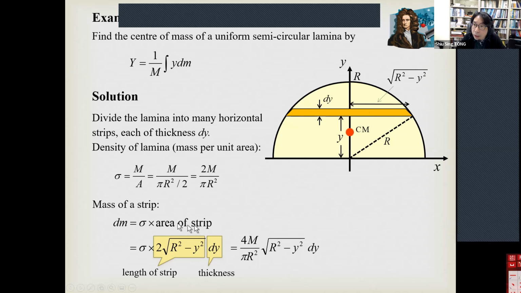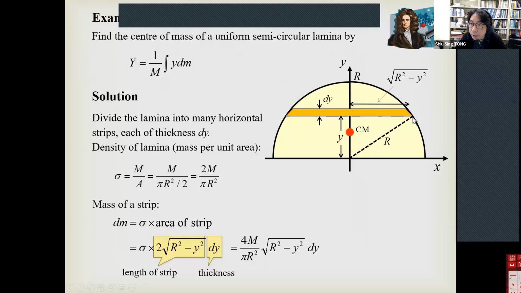Now the difficult part is here. How do we find the area of the strip? Actually it's not that difficult. Let's look at the geometry. Because the radius of the circle is r and the height of the strip above the x-axis is y, this is a right angle triangle, so we can use the Pythagoras theorem.